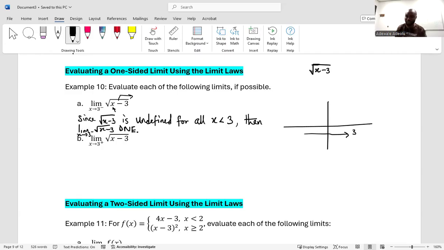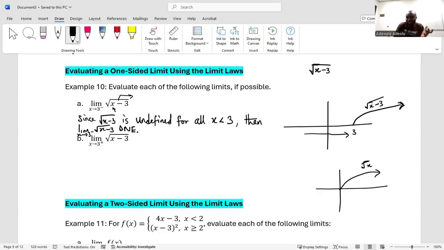So you have something like this. This is the graph of square root of x. This is the graph of square root of x minus 3, shifted to the right by 3 units.